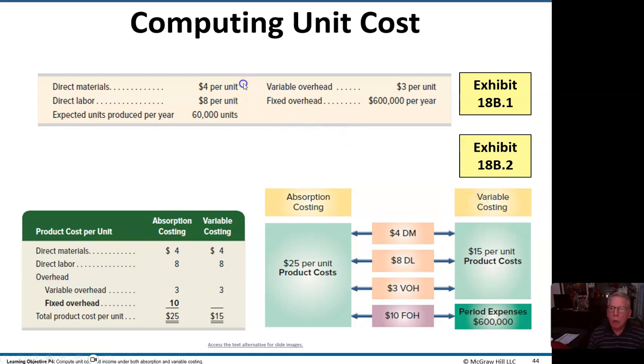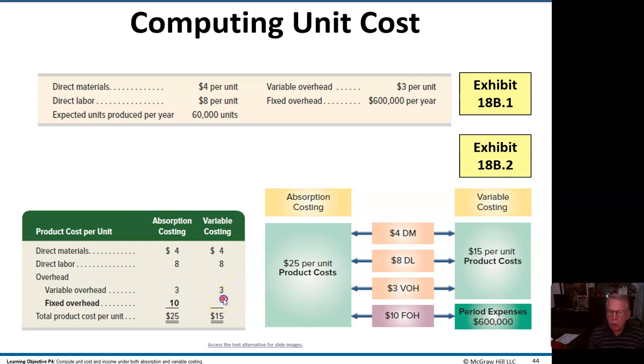Here we have our direct materials, direct labor, our expected units to be produced, our variable overhead per unit, and our fixed overhead of $600,000. So under absorption costing and variable costing, direct materials, direct labor, and variable overhead are all the same.